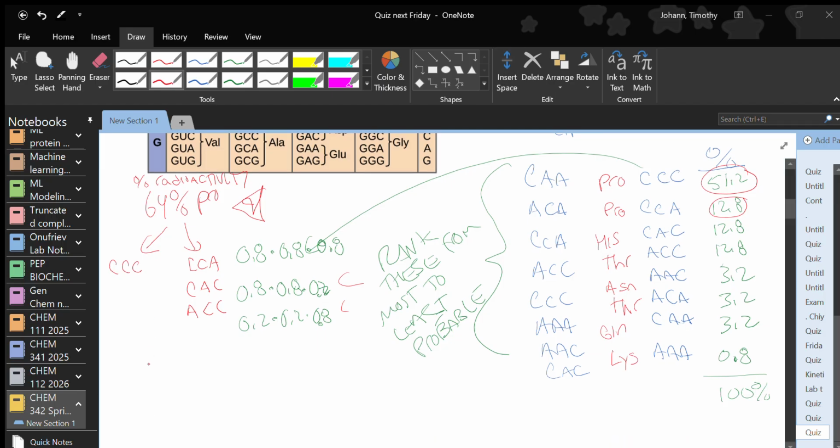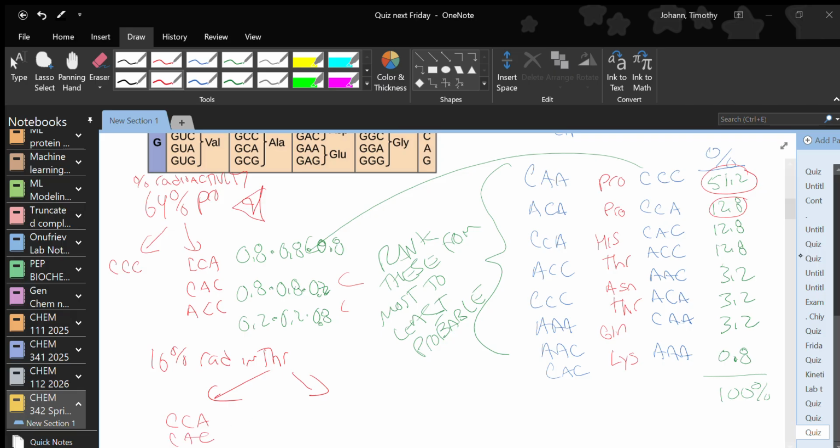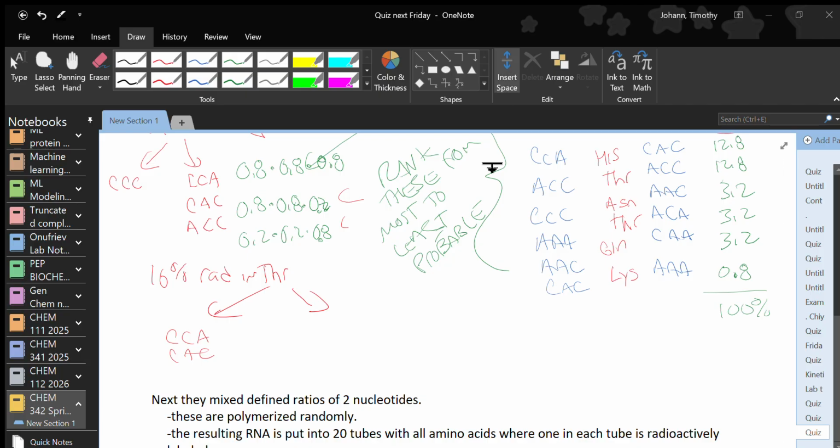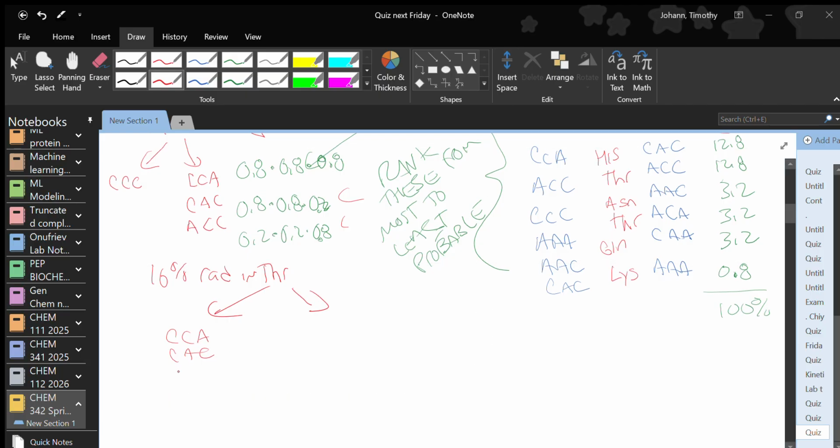So 16% of radioactivity in threonine. That means threonine is going to have 2 A's, right, and 1 C. So we're going to have CCA, or CAC, or ACC, and it's going to be CAA, ACA, and CAA, right?